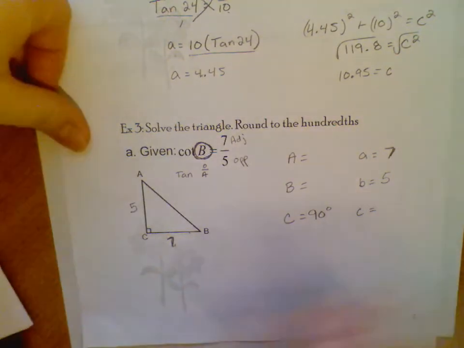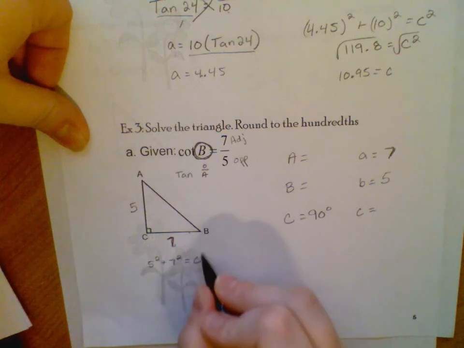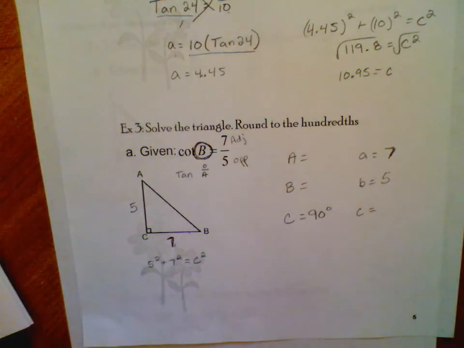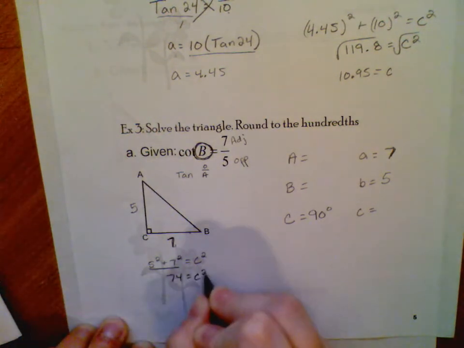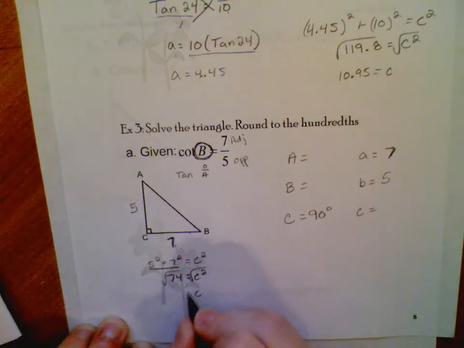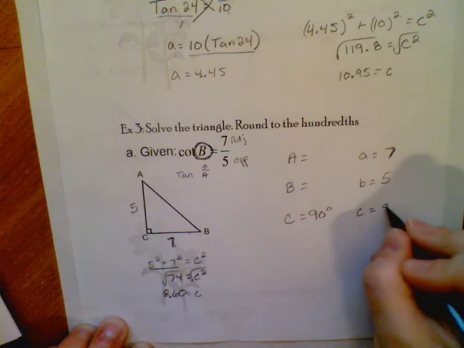So 5 squared plus 7 squared equals C squared. So this is square root of 74, and I got 8.60.